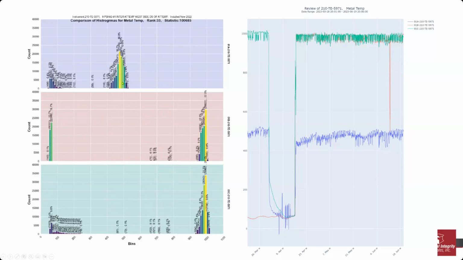So this is just one plot that we built for the data quality checks showing the same TC across all three units. And so on the left side is a histogram of that temperature sensor, for example. And then the right plot is a time history showing the three, and they're all mounted in the same spot on three units.